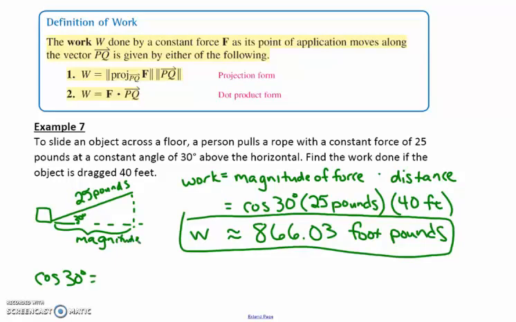Okay, and so that's going to equal the magnitude over that 25 pounds. Because remember, cosine is adjacent over hypotenuse. Right, and then you multiply the 25 pounds to both sides. So your magnitude is equal to the cosine of 30 times the 25 pounds. So that's where that came from.